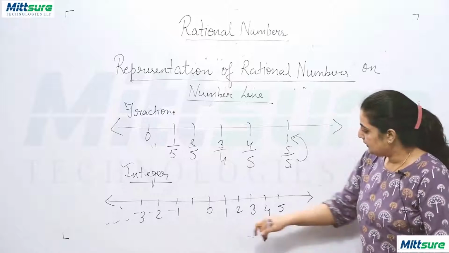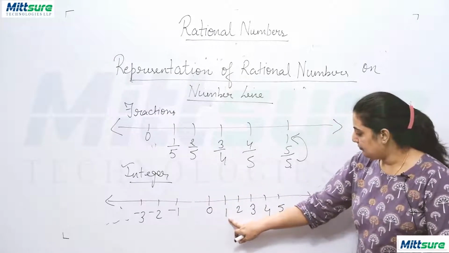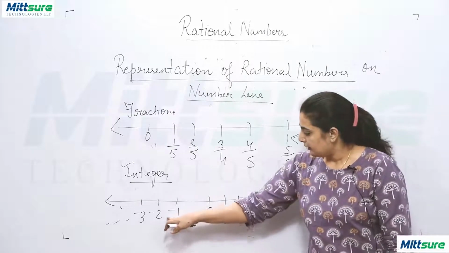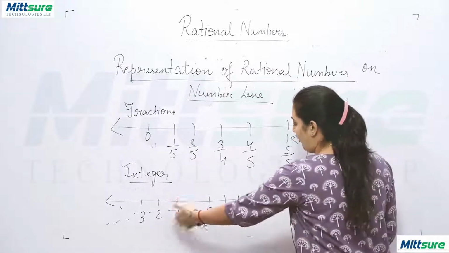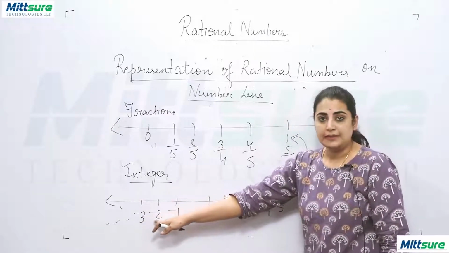Is it clear? Now see, 0 was in the middle and then all the positive numbers, and on the left side of the number line, all the negative numbers will be placed.